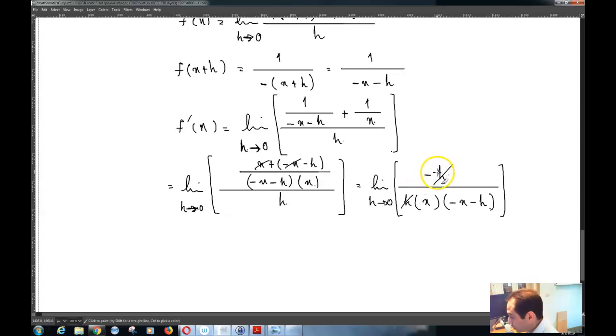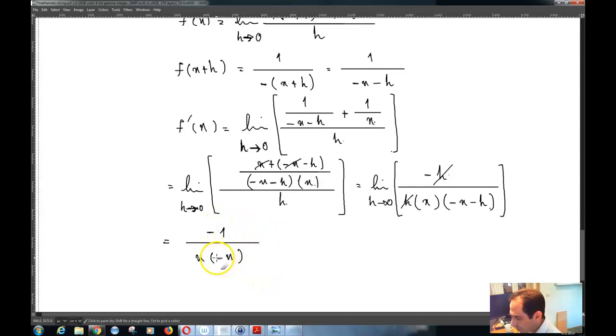So now if you simplify this, as h tends to 0, this becomes 1 over, so x remains x, and h goes to 0, so this becomes negative x, and you have a negative 1 over here.